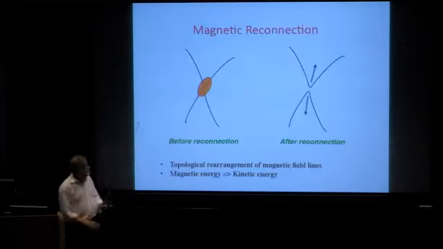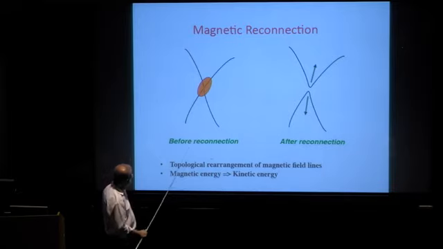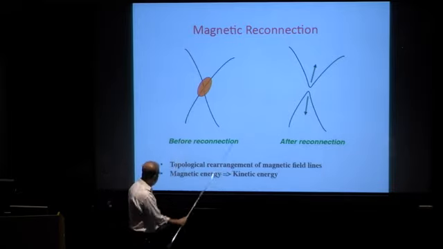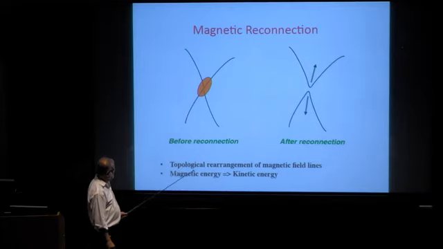So this is a cartoon that is often shown, field lines coming, and this is somewhat of a special point, but before reconnection it looks like this, after reconnection it looks like that. This sort of breaking and reconnecting is what is often cartoon-wise described as reconnection.